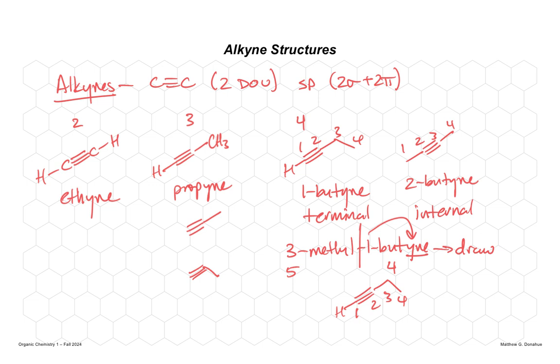Then I look at what's left over, and this is called a substituent. We know meth is 1 carbon. When it's methyl, it's a substituent. It's bonded to the 3 position, so we would put it there. So that would be 3-methyl-1-butyne.